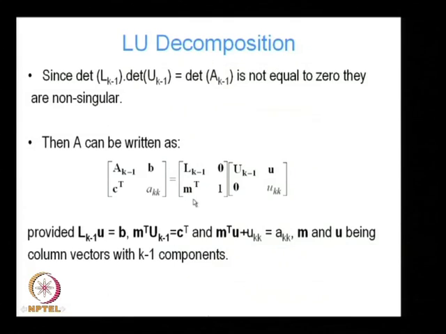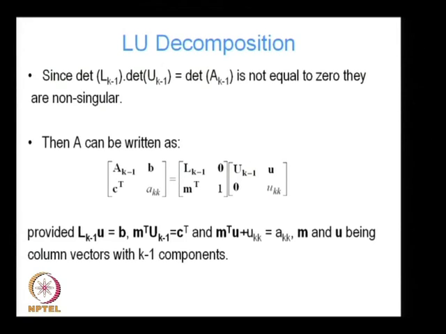So, basically it is this row operating on this column gives me c transpose, and M transpose u plus Ukk is equal to Akk. So, if these conditions are satisfied, then we can write this matrix Ak in terms of a lower triangular and an upper triangular matrix.